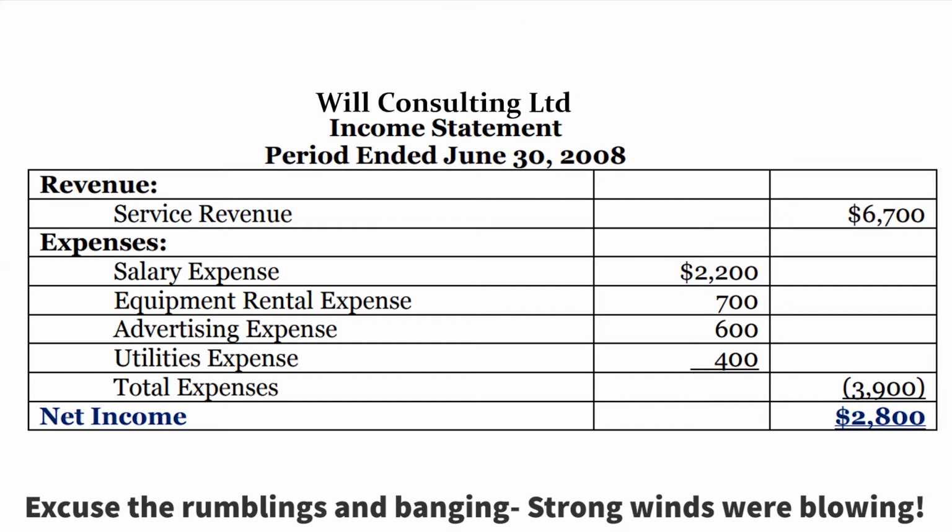So we have that as our total expenses. So we'll subtract that from our service revenue and we'll be left with $2,800, a positive figure. And a positive figure we know is our net income. If it was a negative figure, it would have been a net loss. So this is your income statement, simple, clean, to the point.